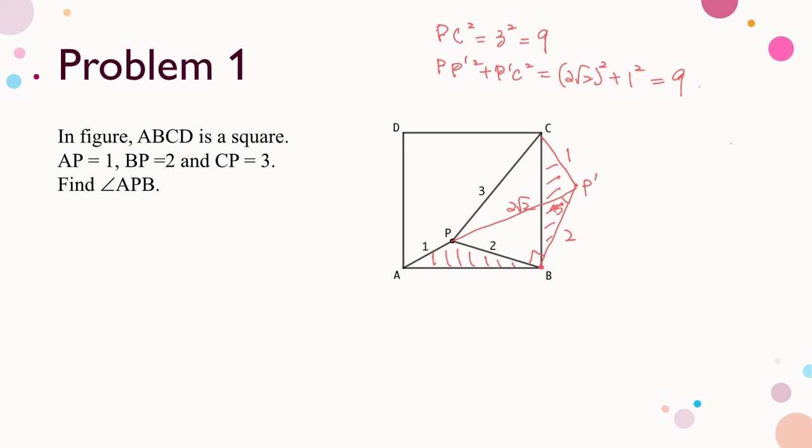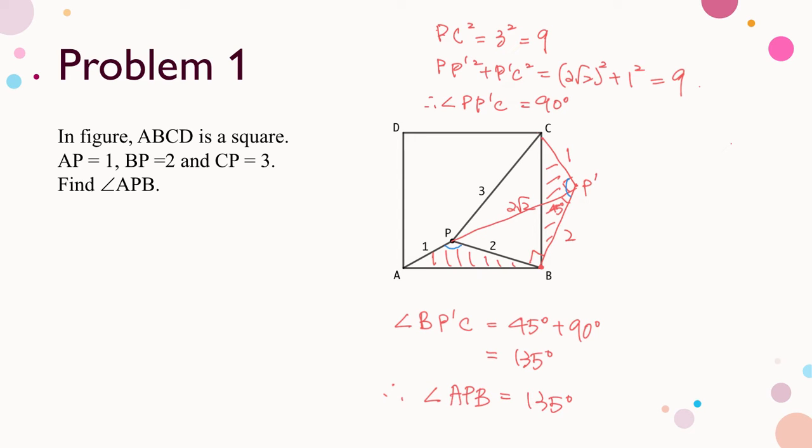By the converse of Pythagoras theorem, angle PP prime C is 90 degrees. Therefore, angle BP prime C is 45 degrees plus 90 degrees equals 135 degrees, which is equivalent to the required angle APB. The answer is obtained.